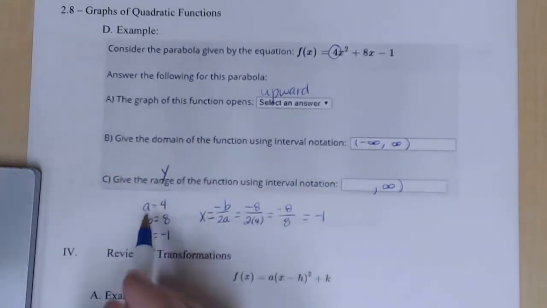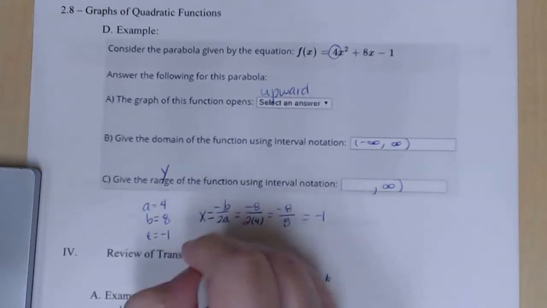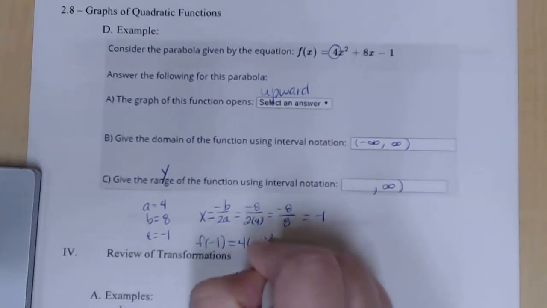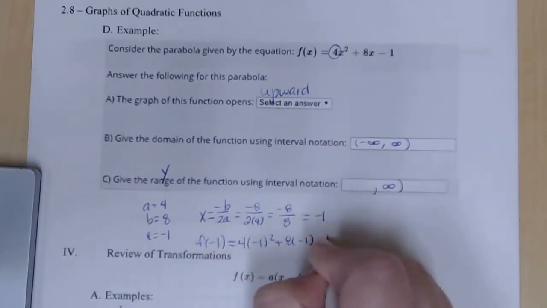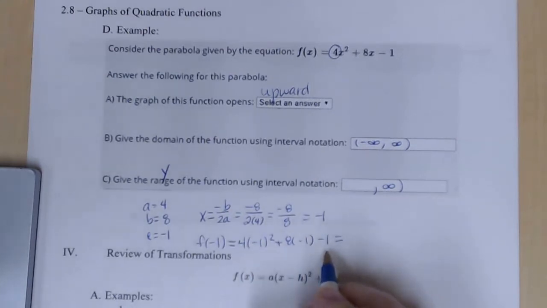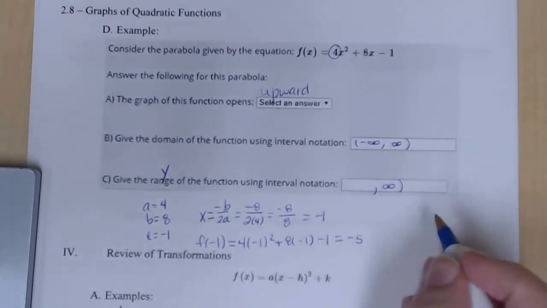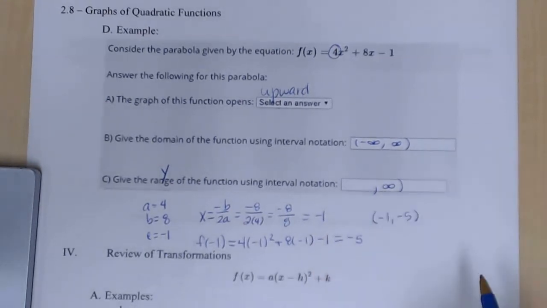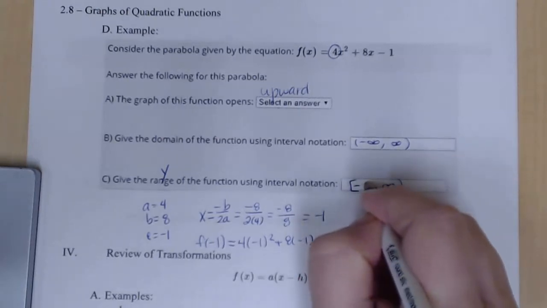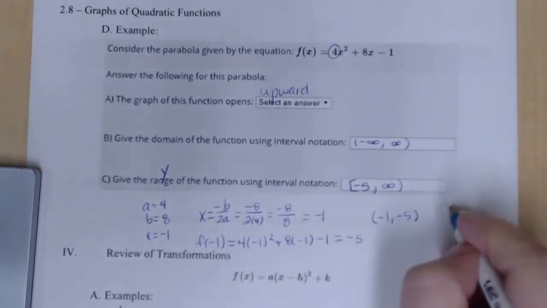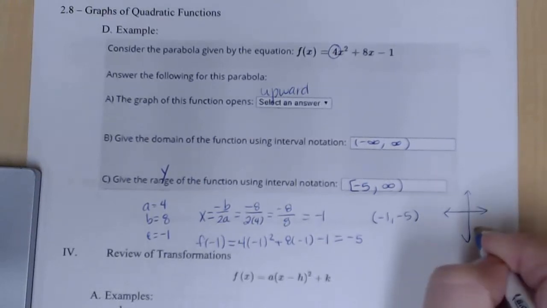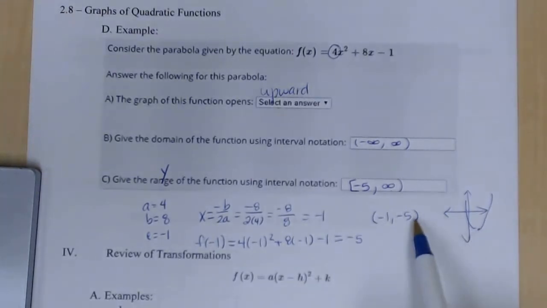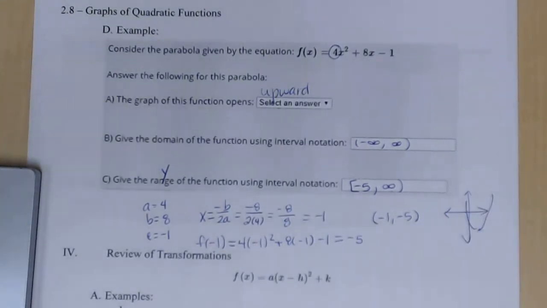Now I need a y value because that's what range is dealing with, so I'm going to take negative 1 and plug it back into my function. f of negative 1 equals 4 times negative 1 squared plus 8 times negative 1 minus 1. I just used my calculator to help output this, and got negative 5. So it tells me my vertex is at negative 1, negative 5. So in regards to range, it's going to start at negative 5 and go to positive infinity because it is one that is pointing upward. You can see the bottom of it is the y value of my vertex, going to positive infinity.